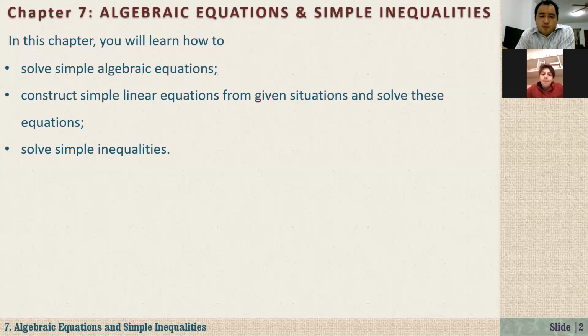What we have in this chapter, we are going to learn how to solve simple algebraic equations. That is our goal here, the most important thing. And also we will learn how to construct simple linear equations from given situations and solve these equations. That is a little bit challenging, maybe if you have never done this before, because here you are learning everything in English, which is not your first language.